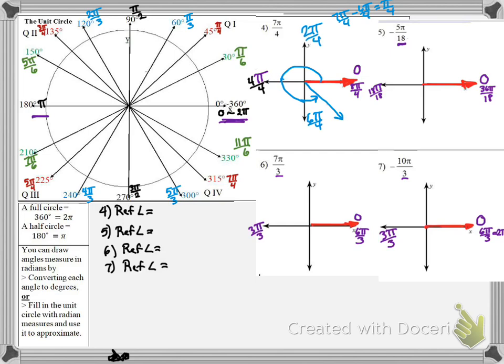Let me just think about if half a circle is 18/18, then I would say a quarter circle should be 9/18. But since I'm actually working in the negative direction, we will instead call this negative 18/18 and call this one negative 9 pi over 18.